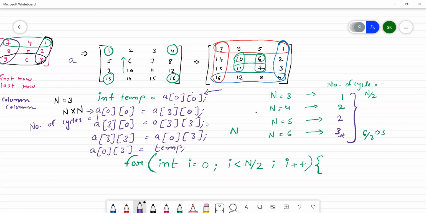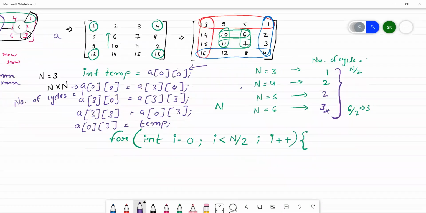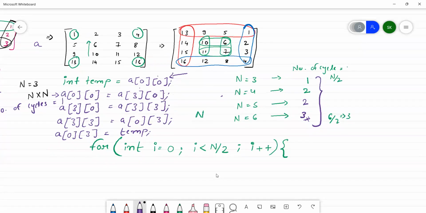Okay. And similarly, the way we did this thing for 1 and the remaining corner elements, we will end up doing it for 2 as well, right? And similarly, every other element will be switched. Yes, no. Okay.